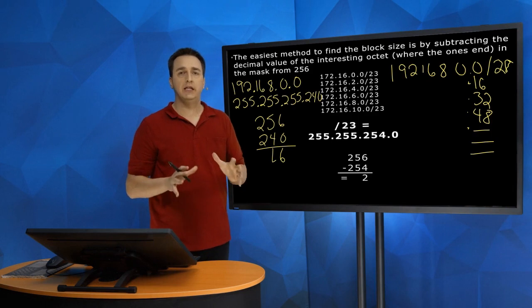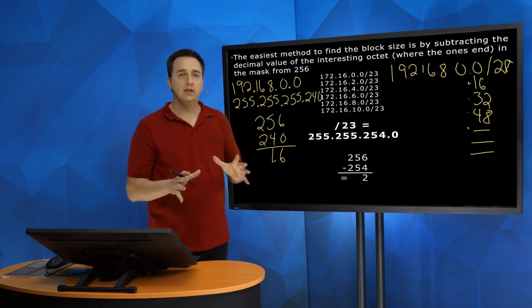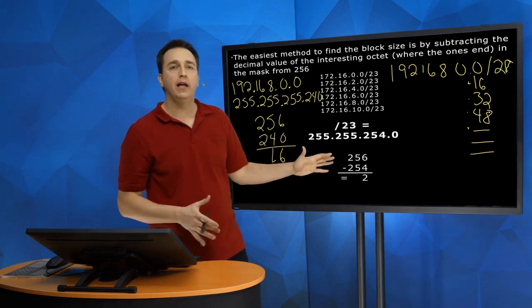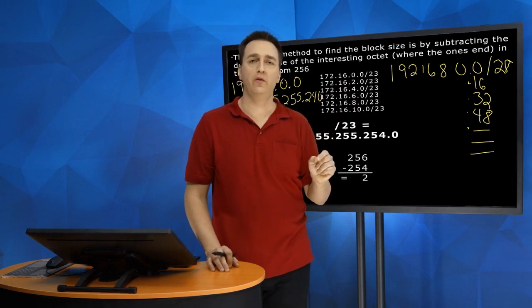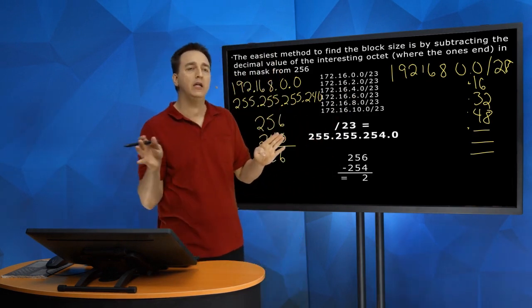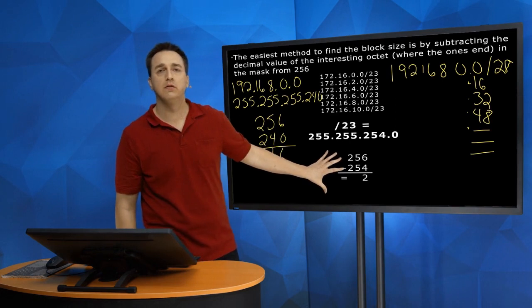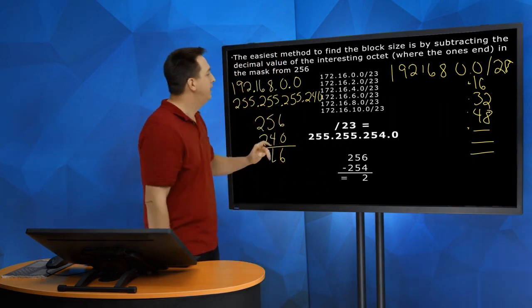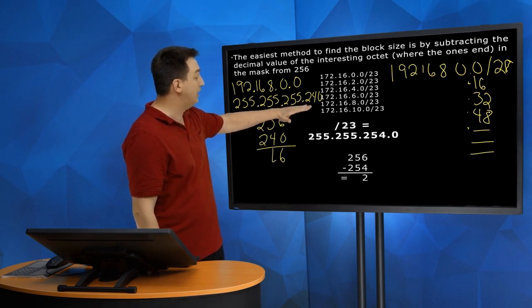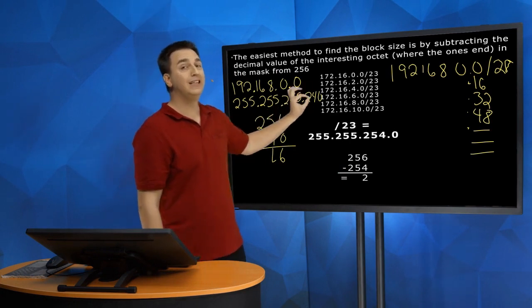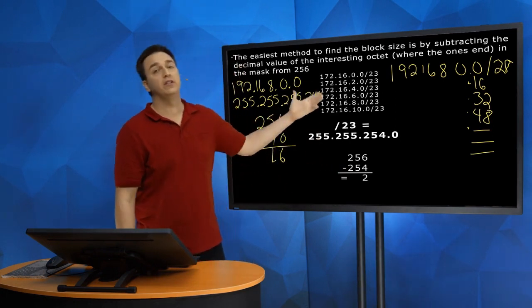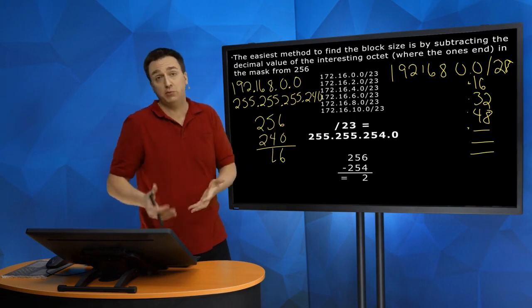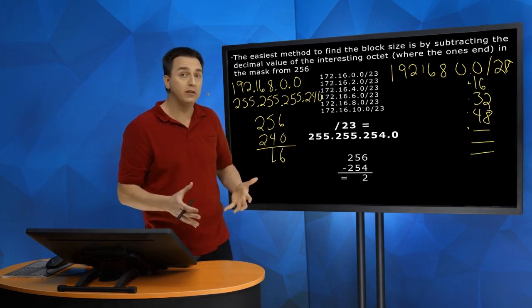If you're struggling with block size, pick one and practice it over and over again. Either go with the binary one or go with this one here. Just pick one and use that one every single time, which means that if you were given dotted decimal notation, you have to convert it to slash notation. And if you're given slash notation, you might have to convert it to dotted decimal notation in order to use the method you want.